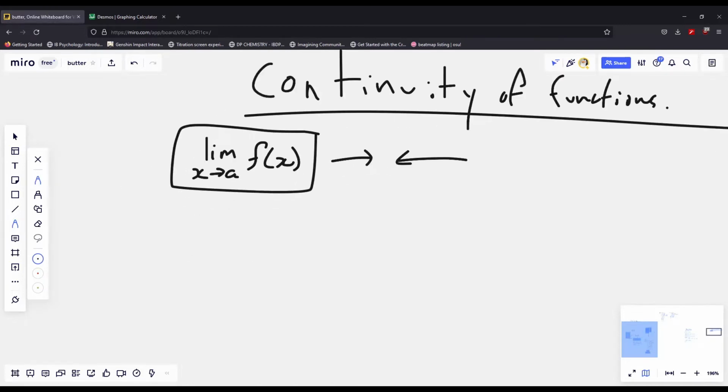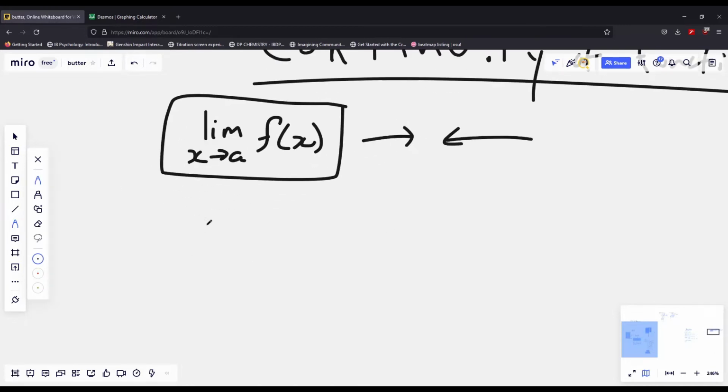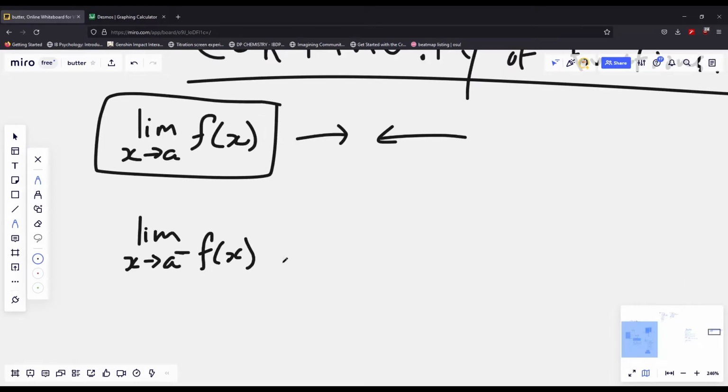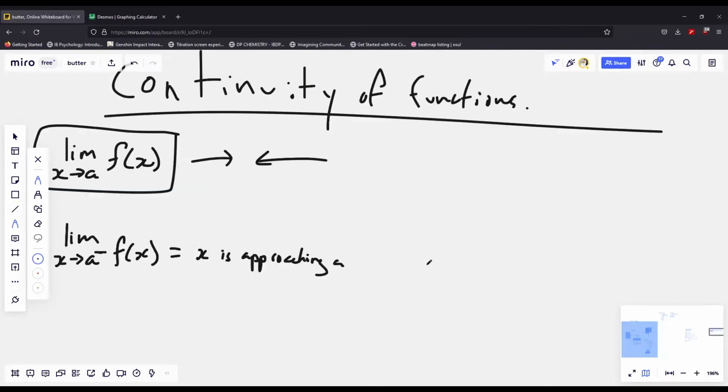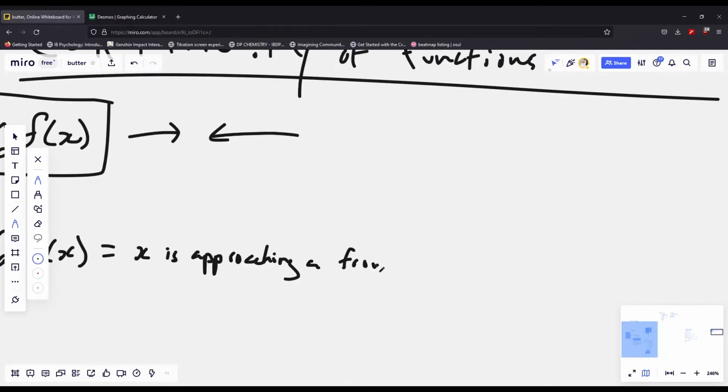So we do this in more mathematical terms in this way. We're going to say x approaches a with a minus. This little minus here means that x is approaching a from the left.